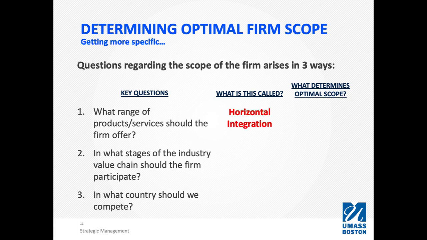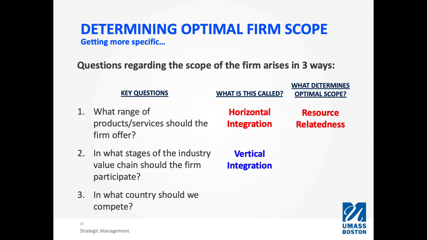For horizontal integration, the key thing to think about is resource relatedness, which is just a question of how similar the resources are to create various products, or between various companies that you might try to acquire or merge with, and the different ways those resources can be deployed.